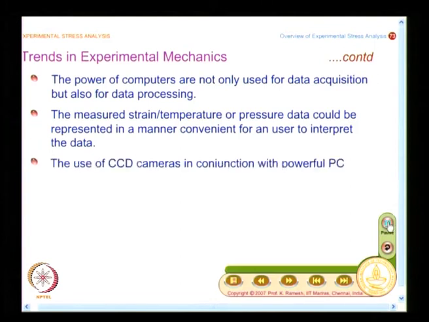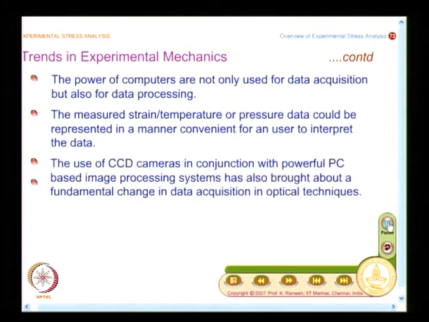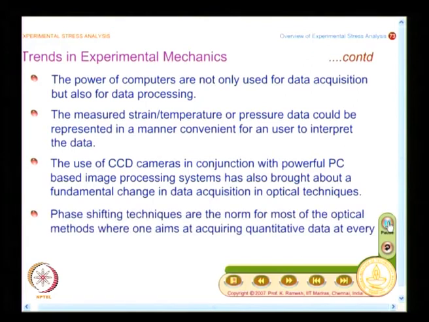Then, I have already said, the CCD cameras have replaced the human eye in all the optical methods. So, what you find is it has brought about a fundamental change in data acquisition in optical techniques. The advantage here is I could record intensity information using CCD cameras at several frames per second.